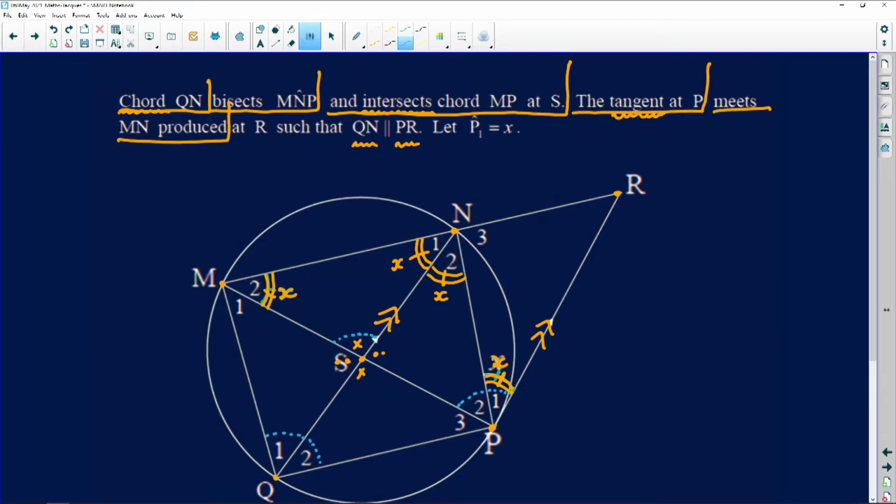So the first hidden information is: is there a cyclic quad? Let's have a look. Well, if I look at the picture here, definitely. A cyclic quad is defined by 4 points that lie on the circle. So let's collect the blue. The exterior angle, remember I said exterior angle because they told you the line is produced, is equal to the interior opposite.